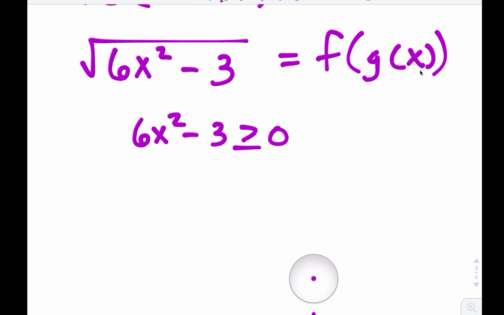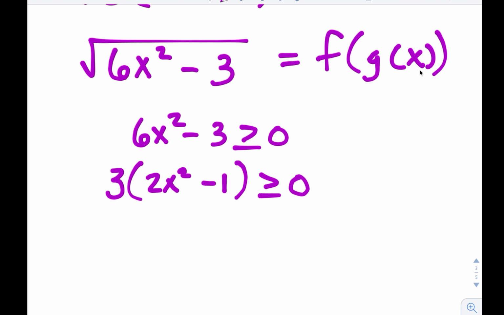So 6x squared minus 3. Okay, so if I could take out, say, a 3, that's going to leave me with 2x squared minus 1 greater than or equal to 0.